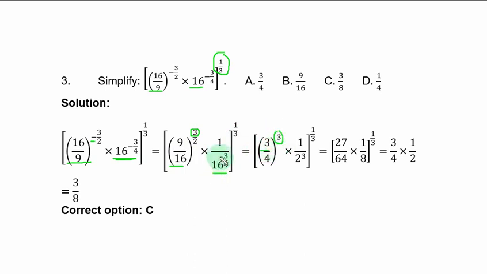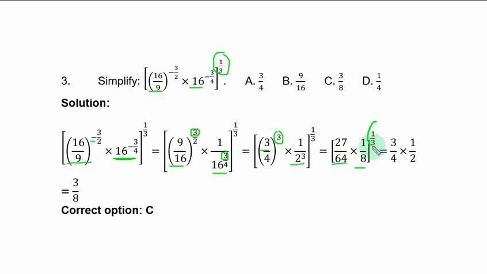The same thing here. If you take out this 3, you have 1 over 4, which means fourth root of 16 is 2 to the power of 3. 3 over 4 cubed is 27 over 64 times 1 over 2 cubed is 1 over 8.